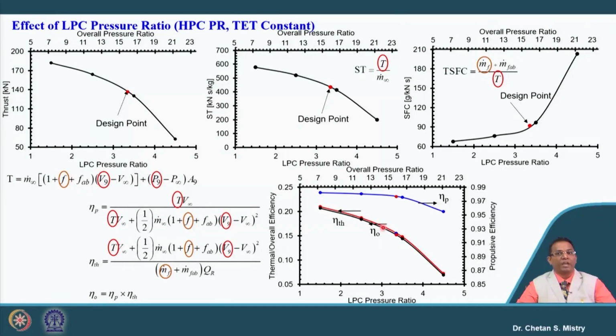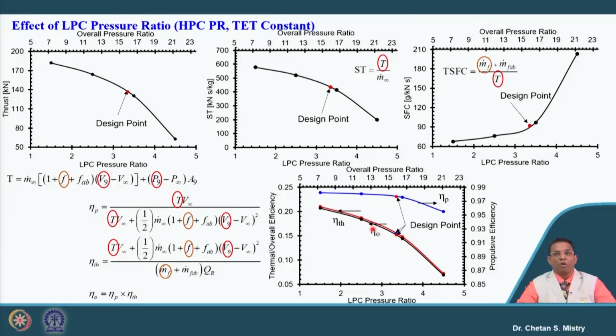So, by increasing the LP compressor pressure ratio, we have a drop of thermal efficiency. We will have a drop of propulsive efficiency after a certain value. Before that, the propulsive efficiency is nearly constant, and that is what impacts the overall efficiency.